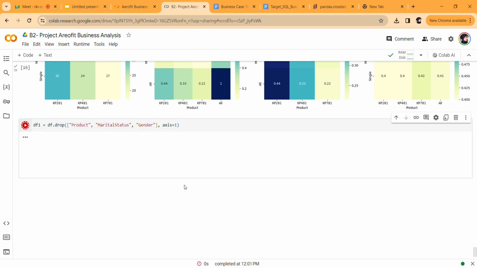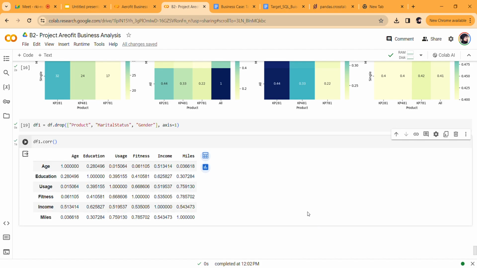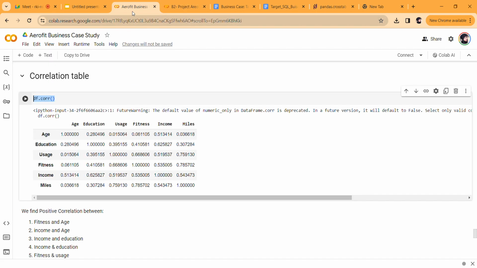Let's see if it works or not. Okay, it works. Now df1.corr(). Let's run this and see if it works. Okay, now it works. Codes are updated every time. When I created this, it was not required to remove the string columns, but you can see the future warning given: the default value of numeric_only in DataFrame.corr is different.